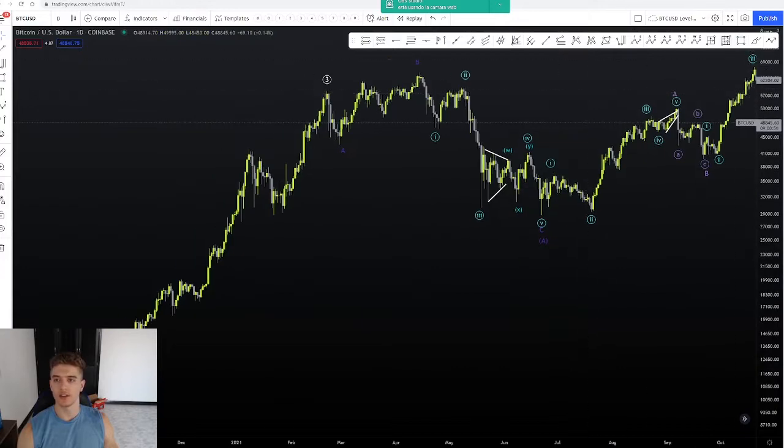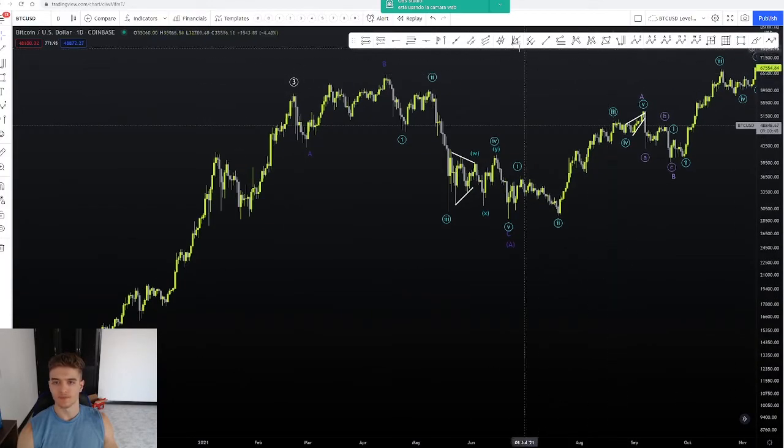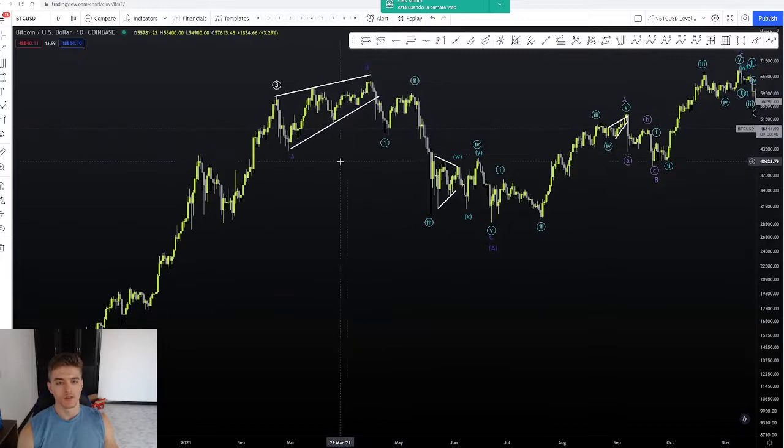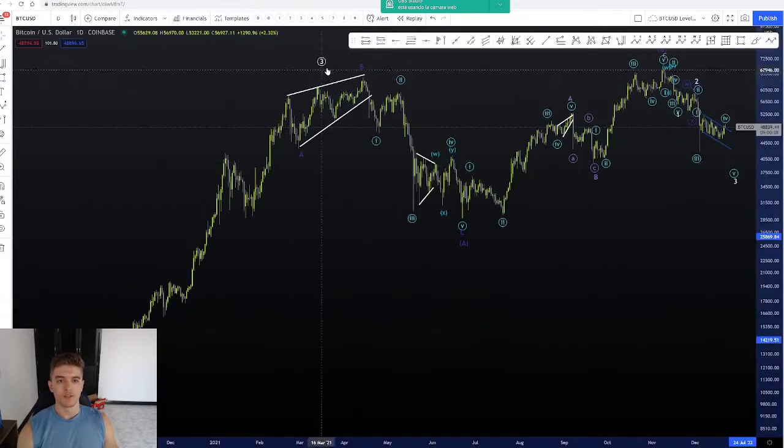Another way you could count it is that this would actually be an ending diagonal to complete this primary wave 3.